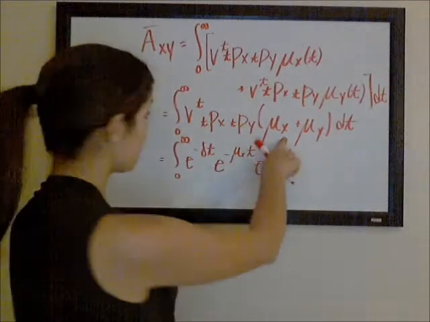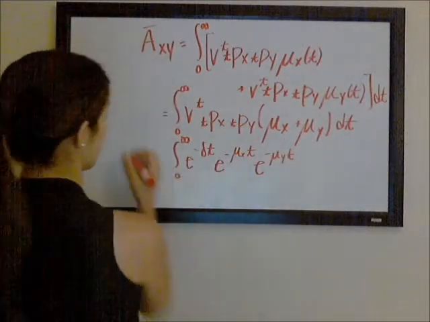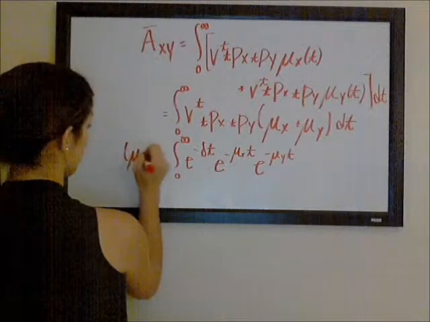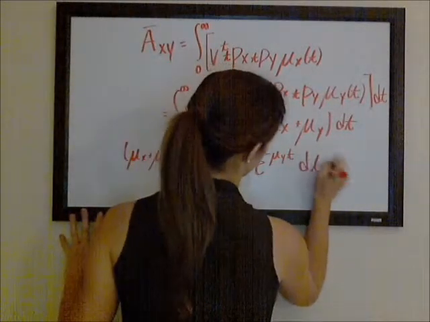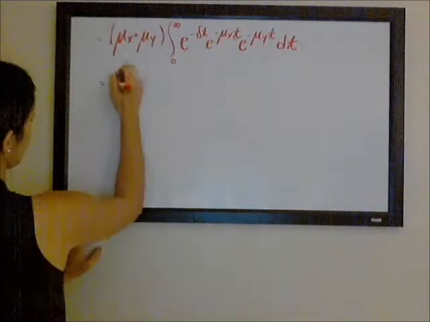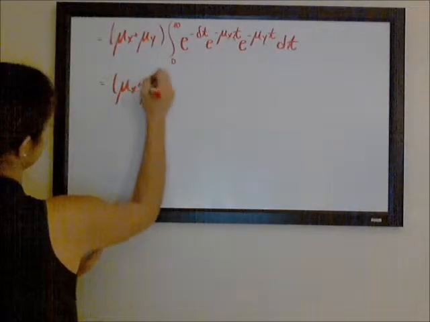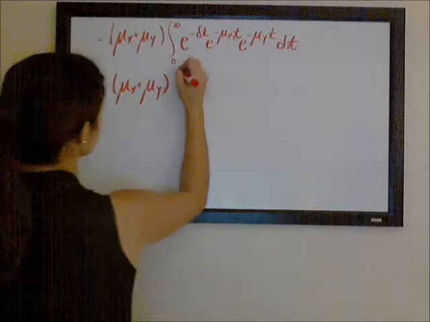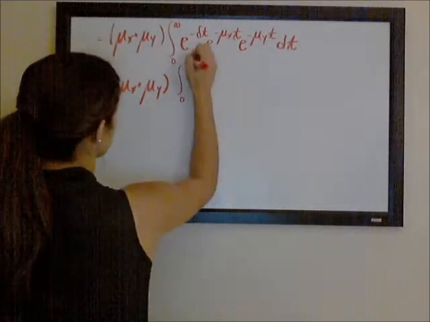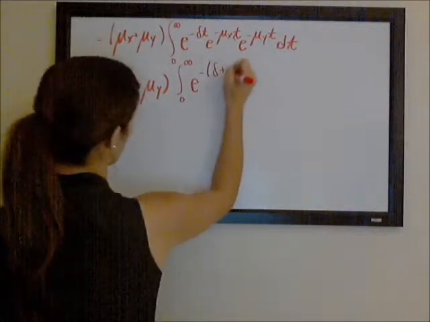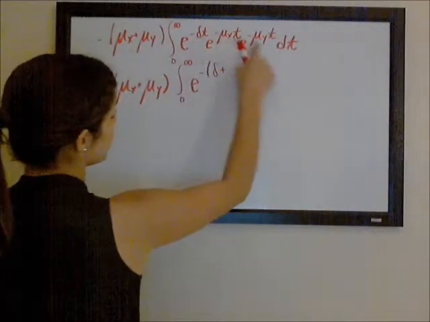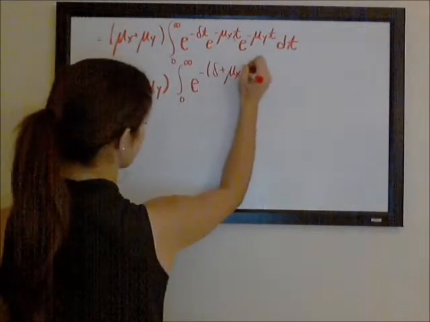That's just a number. I'm going to pull that out in front of the integral. We're integrating with respect to t. So this is, of course, then e to the negative quantity delta plus mu x plus mu y, times t.